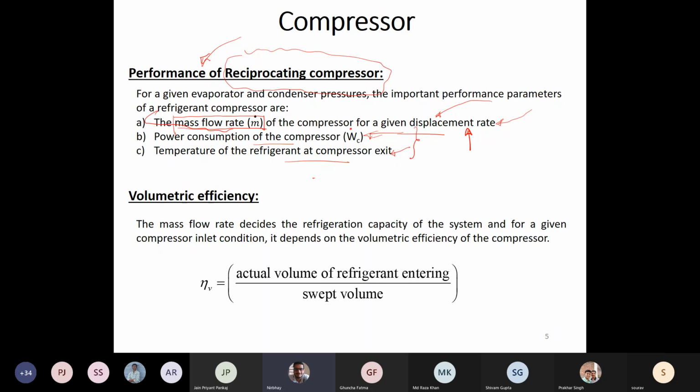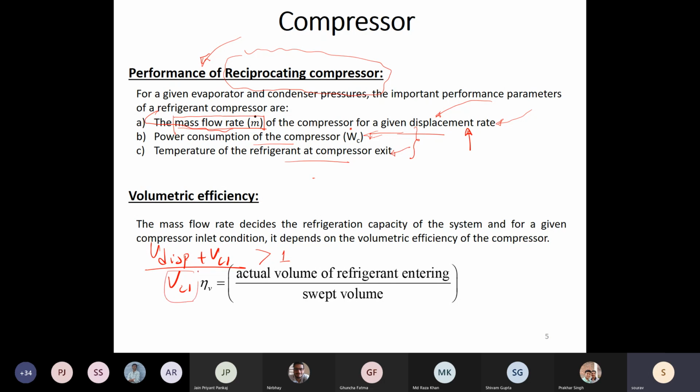So it is the total cylinder volume divided by the clearance volume. I can call it the total cylinder volume, V displacement plus the clearance volume, divided by the clearance volume. So this number will be greater than 1, no?